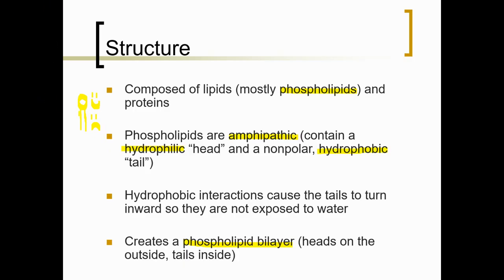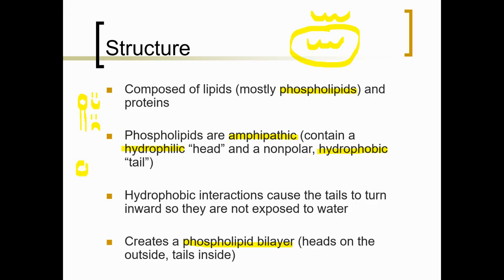And so the basic structure of our membrane comes from this amphipathic quality of our phospholipids. If you've got a cell, remember that you've got water on the inside and water on the outside. And so these tails do not like water. They're going to repel it.